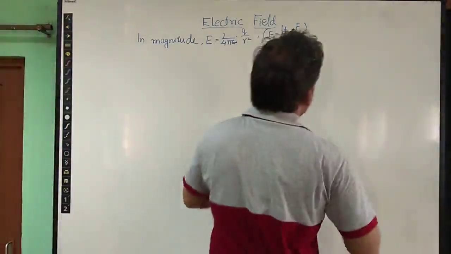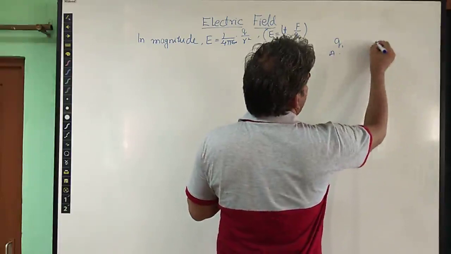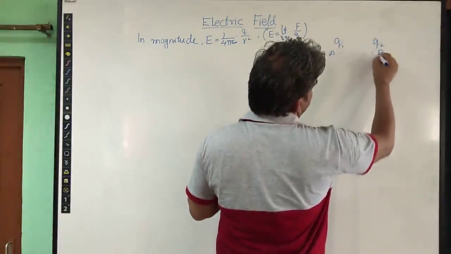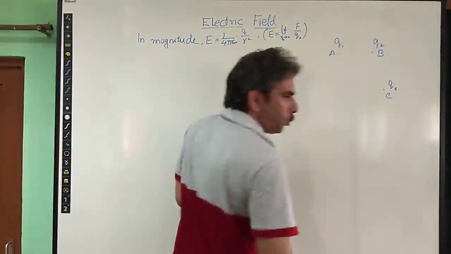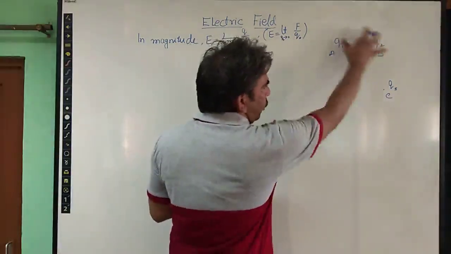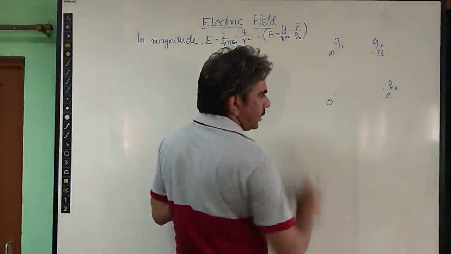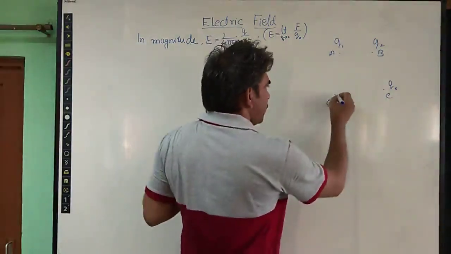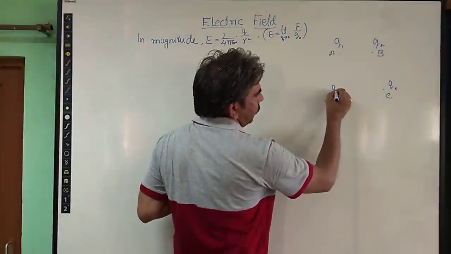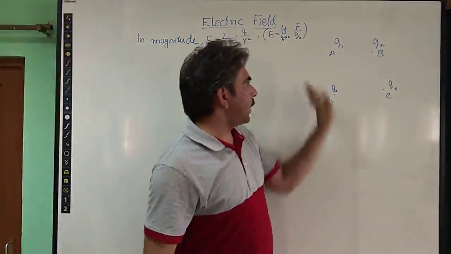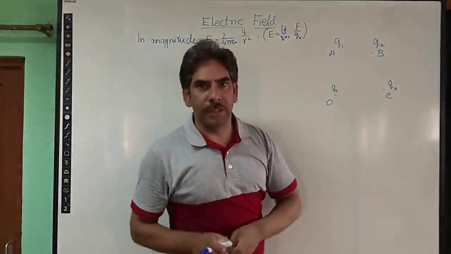Suppose that here is charge q1 at position A, charge q2 at position B, and charge q3 at position C. We are willing to find out the electric field due to all these charges at some common point O. Let me place a very small test charge q naught here, so that it does not affect the charges q1, q2, q3, which are called the source charges here.